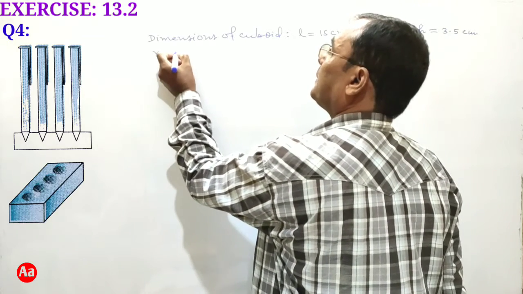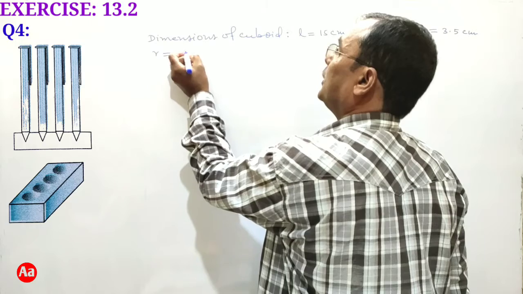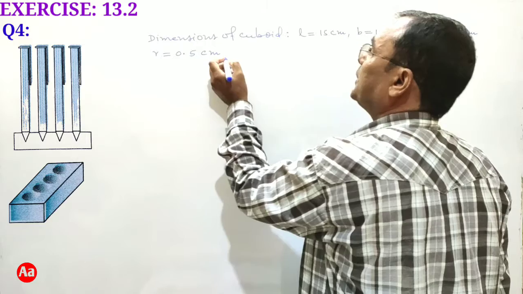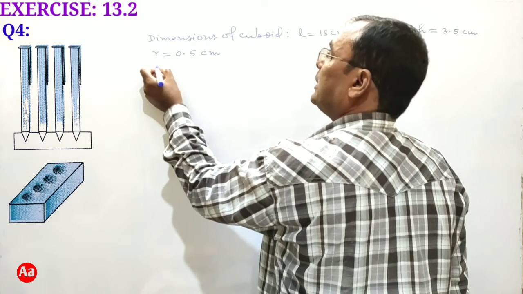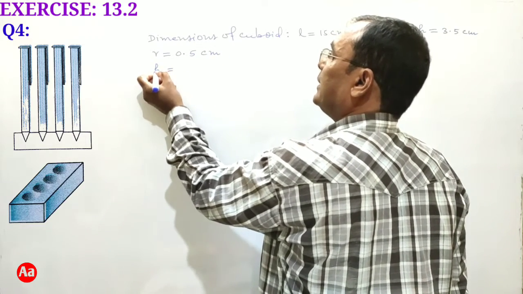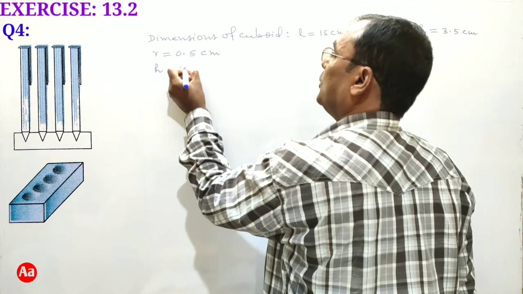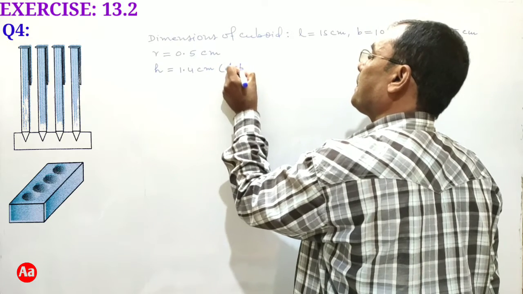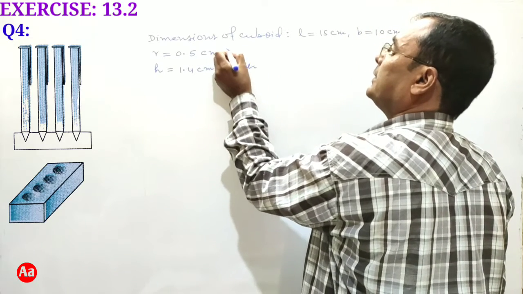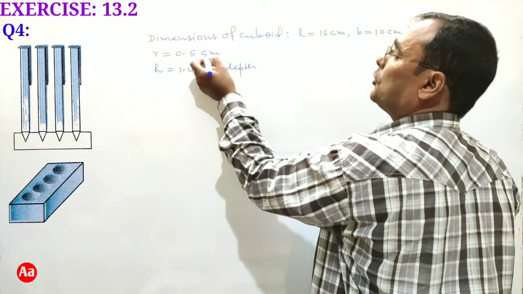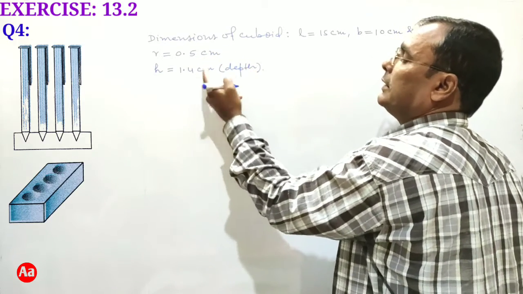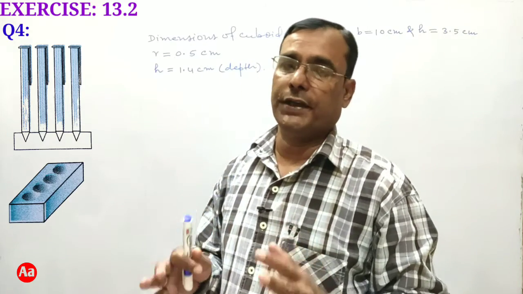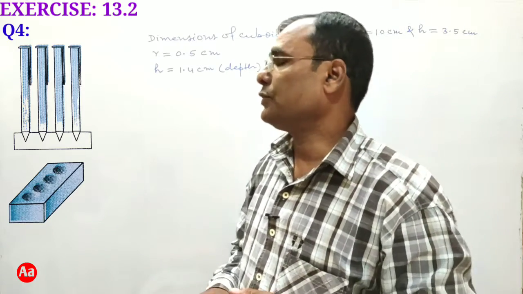Radius R of each of the 4 conical depressions given 0.5 centimeter and depth given. So let us write depth as H is equal to 1.4 centimeter. This is depth and this is radius 0.5 centimeter and H is 1.4 centimeter, depth of the 4 conical depressions to hold the pens.